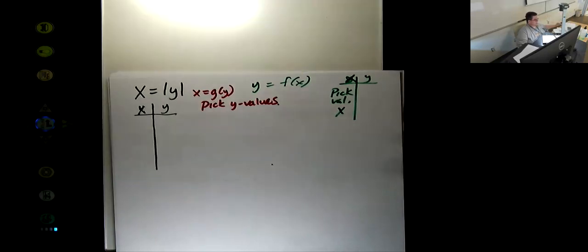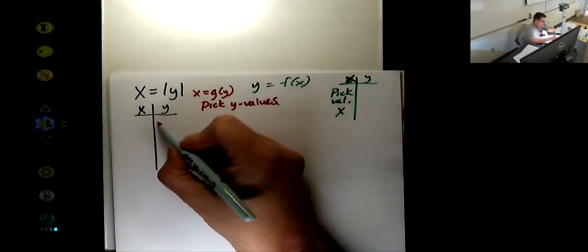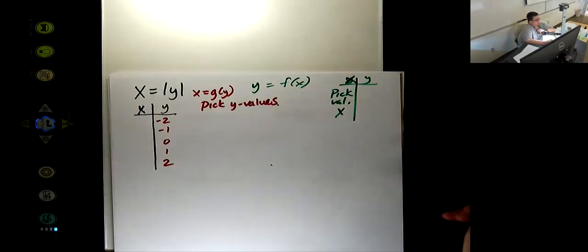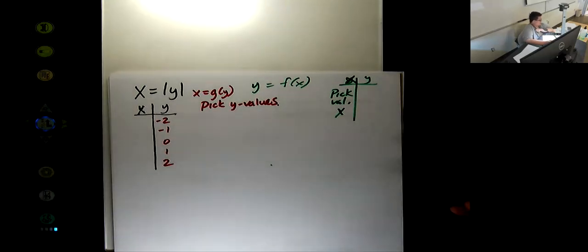So rather than doing -2, -1, 0, 1, and 2 for x, let's do it for y. What happens if I plug those into the absolute value?